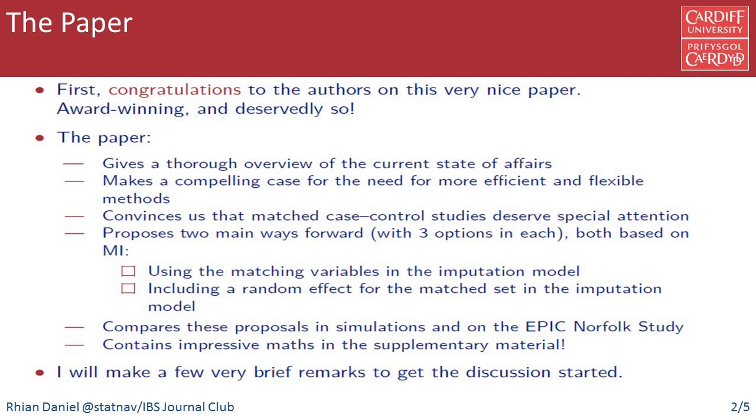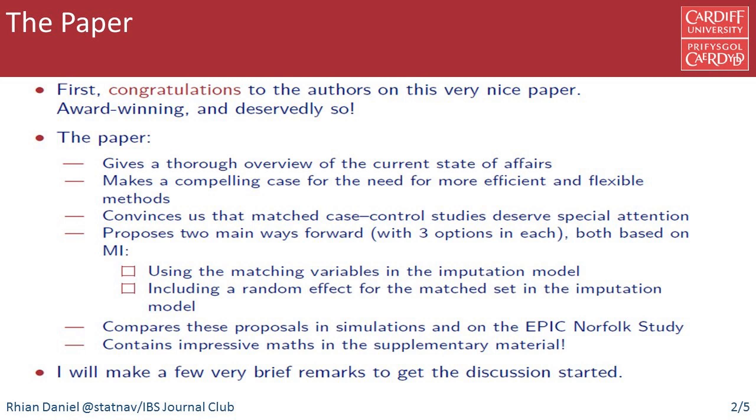The first way is to use the matching variables in the imputation model, and the second way forward is instead not to use the matching variables, or indeed sometimes the matching variables might not be available, and therefore to have an imputation model that includes a random effect for the matched set. Then of course they compare these proposals in some very nice simulations, and then on the EPIC North study.